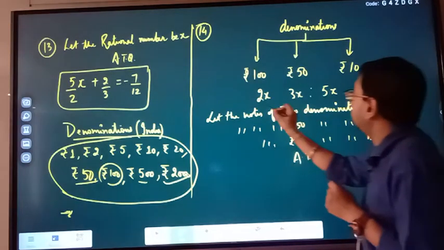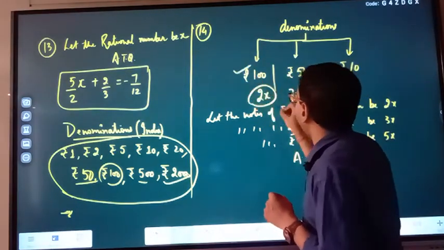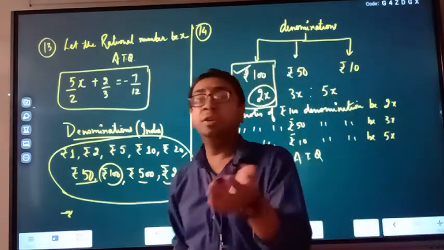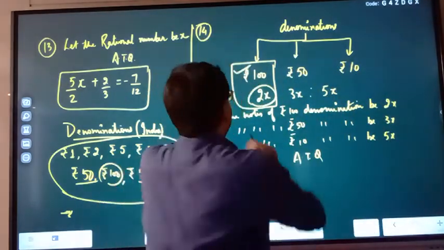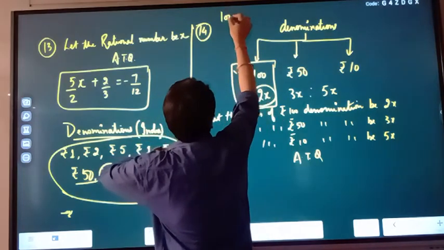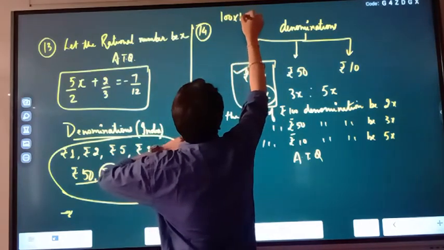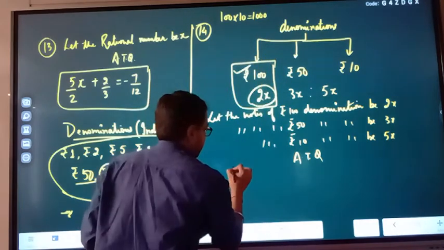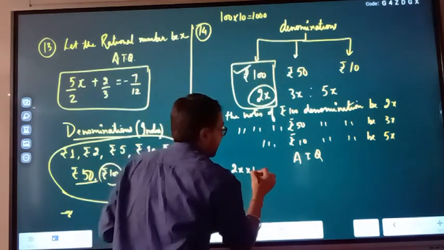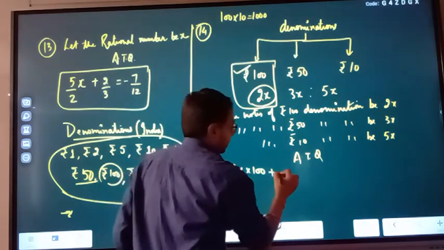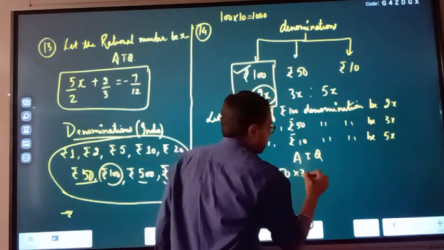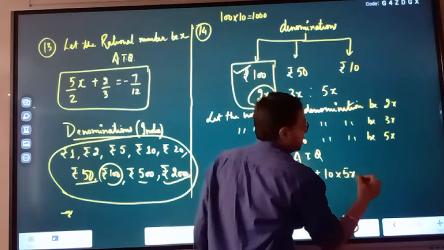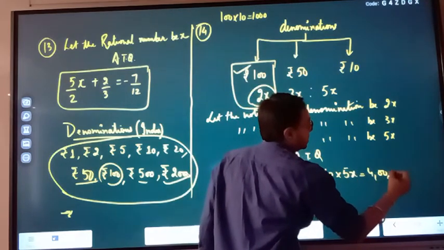She is having 2x notes of rupees 100. Can you tell me what the amount is? For example, you are having 10 notes of 100 rupees. What is the amount you are having? 100 rupees, 10 notes, so the amount is 1000. Same way, here you multiply the number of notes with the denomination, and the total amount she is having is 4 lakh rupees.